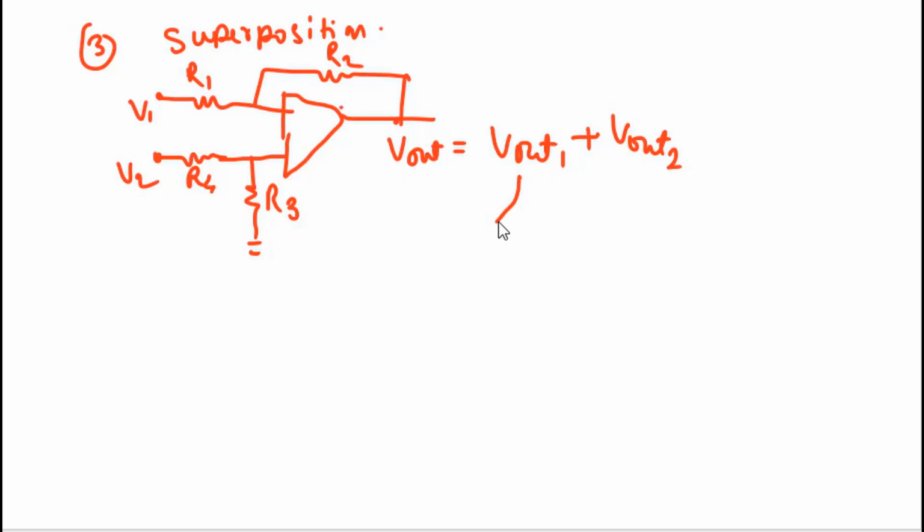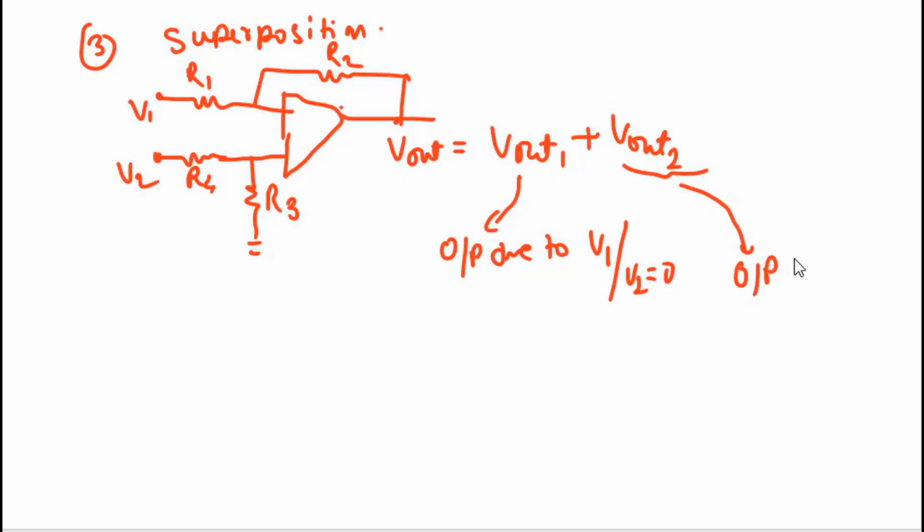What is Vout1? It is the output due to only V1 acting and V2 being 0. And Vout2 is the output only due to V2, given V1 is 0.